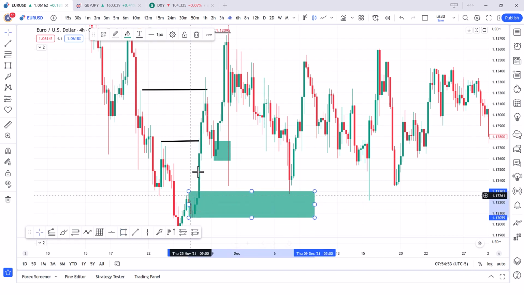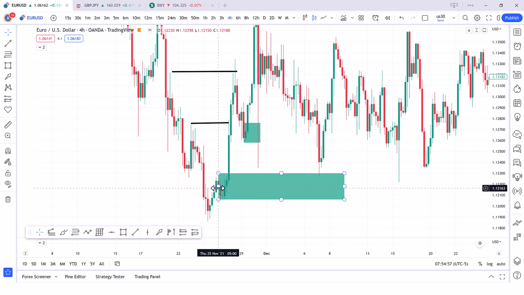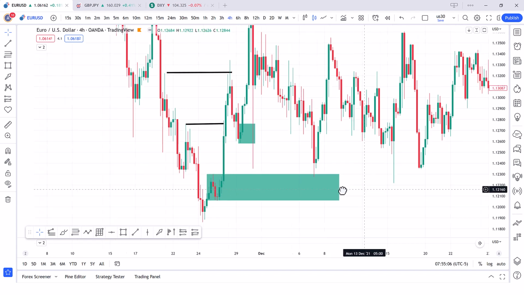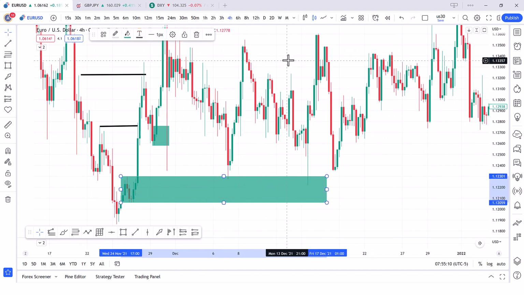It's a continuous order block, this downward movement, because an order block is the last downward movement before the up move. So it is a continuous order block, another detail. And you can see that we can trade it to the upside.